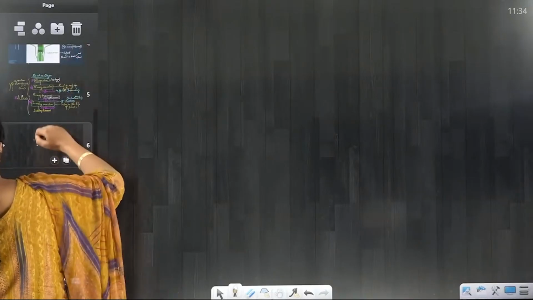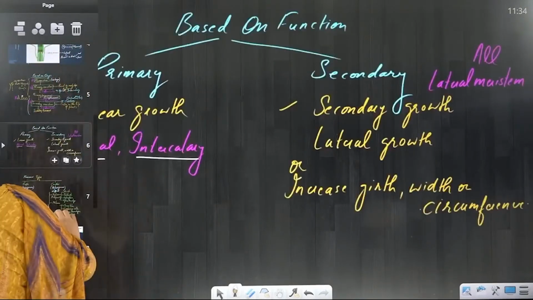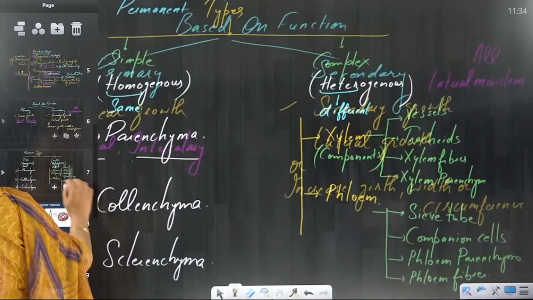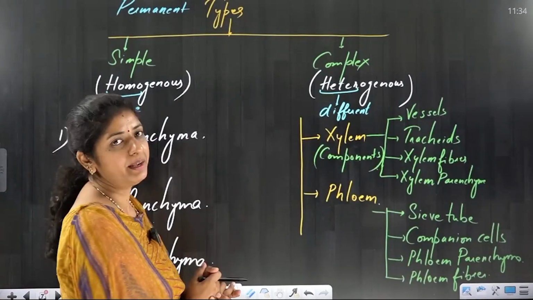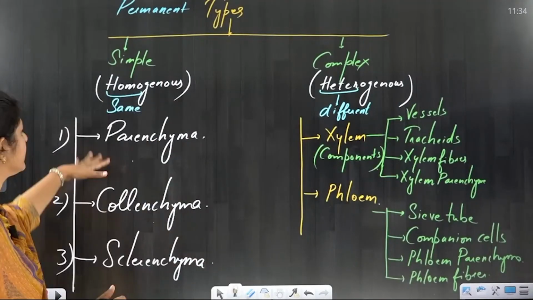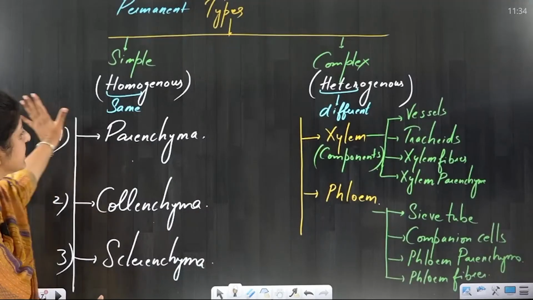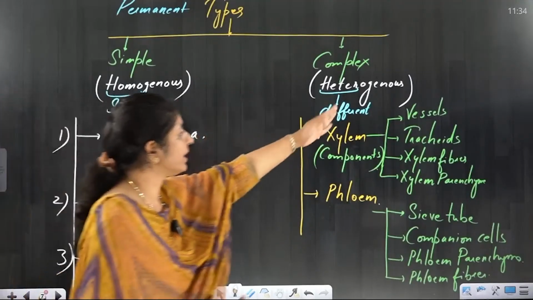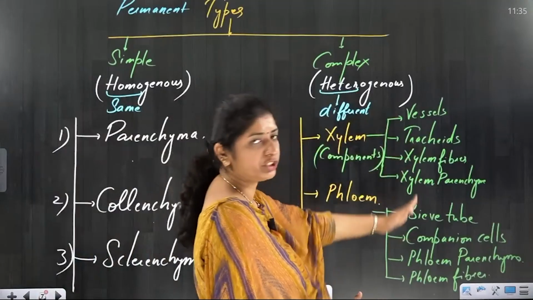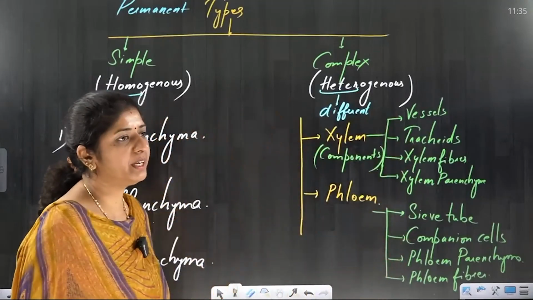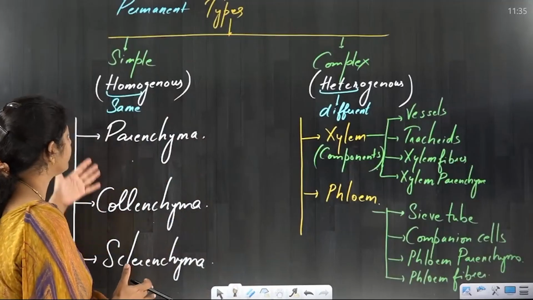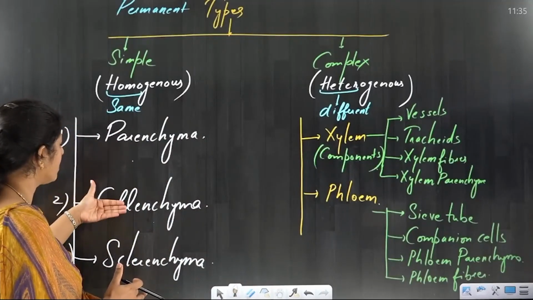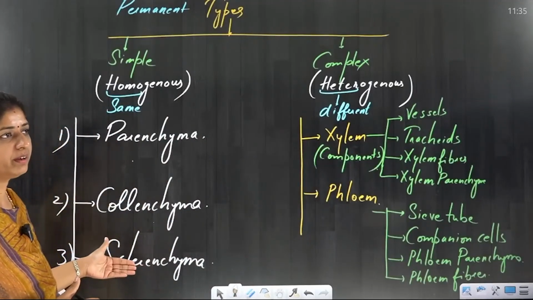Now coming to the next point, we have to discuss the permanent types: simple and complex. Simple, we have discussed, has only the same type of cell throughout its section. In the complex type, it is heterogeneous, a variety of things, like I mentioned earlier, whereas the simple type is of the same type, like parenchyma, collenchyma, sclerenchyma, right?